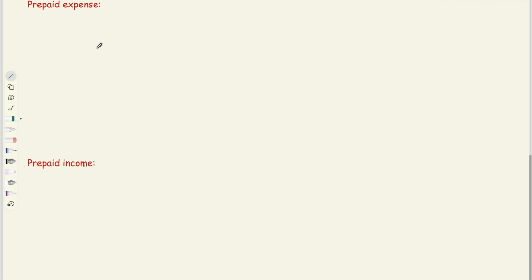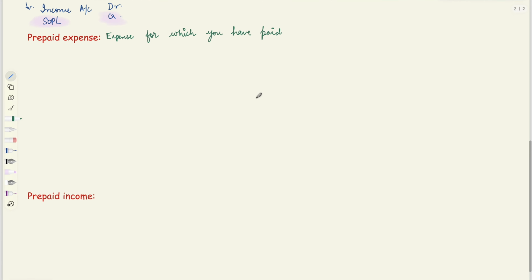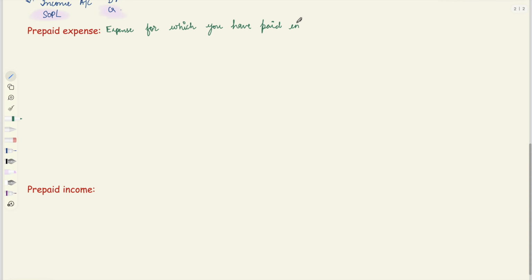Again, expenses for which you have paid in advance but are yet to receive the benefits.